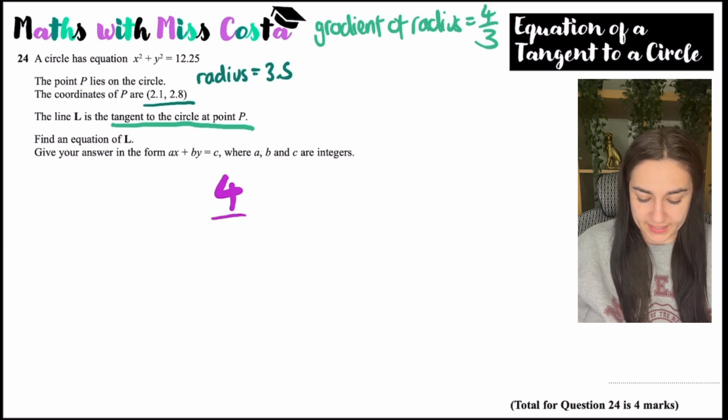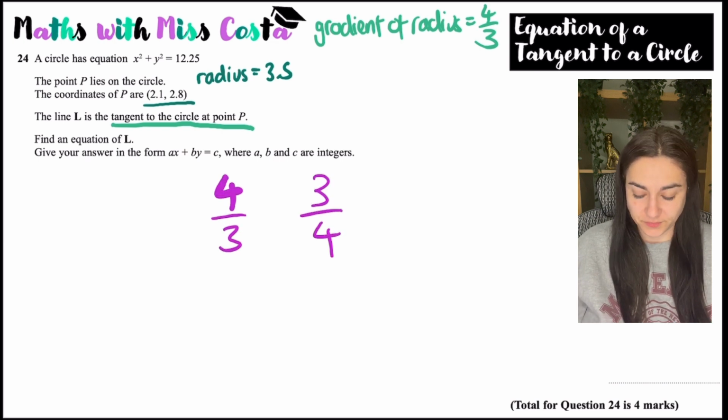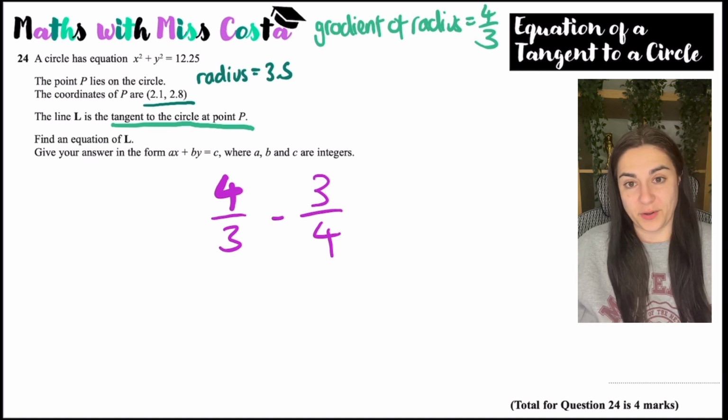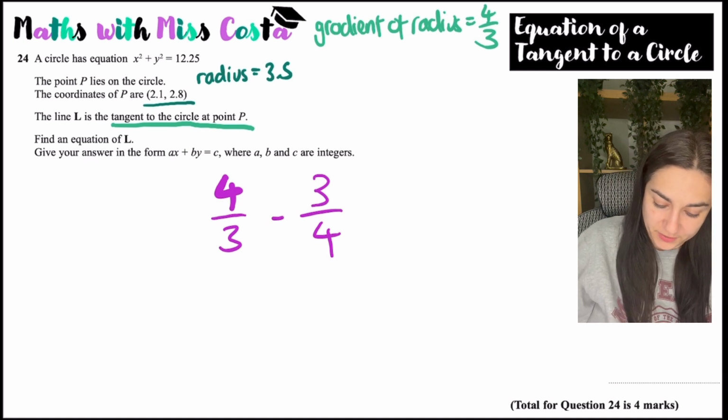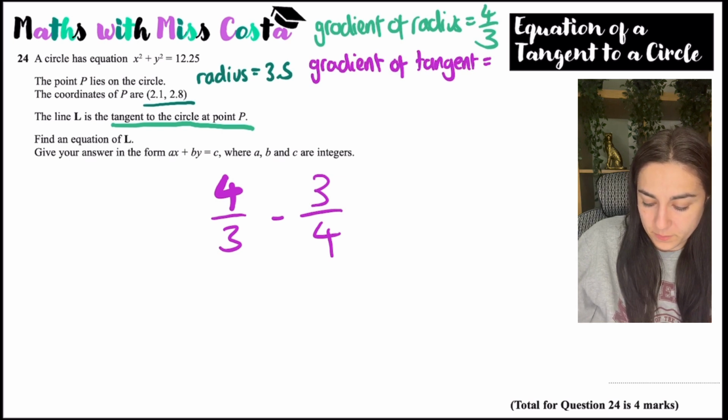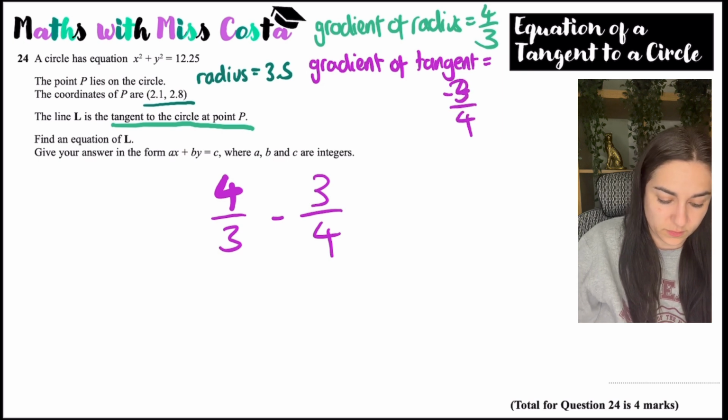A reciprocal, in case you forgot, is just the fraction flipped over. So the negative reciprocal is the negative fraction flipped over. So the gradient of the tangent must be -3/4.